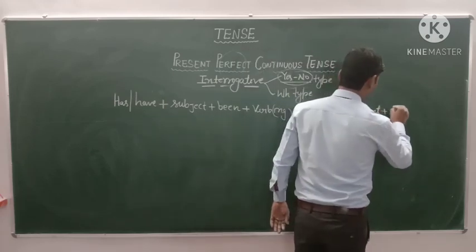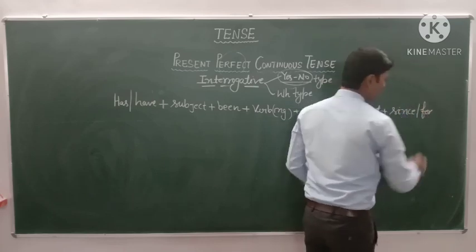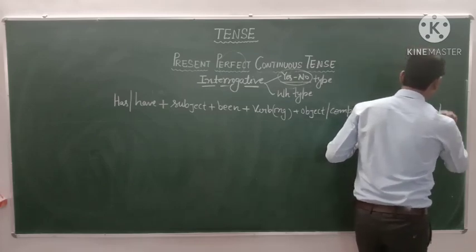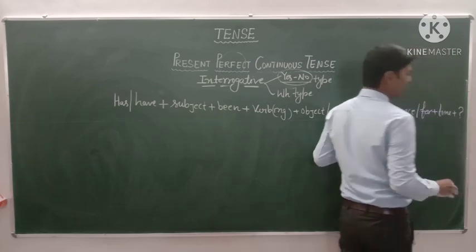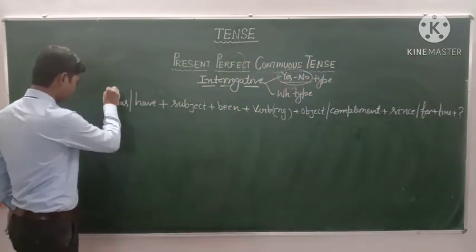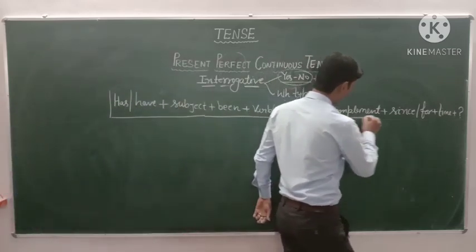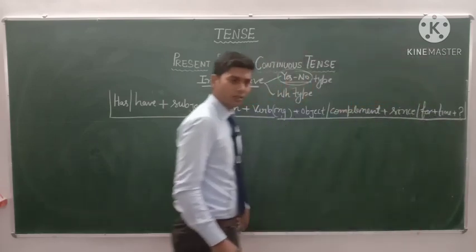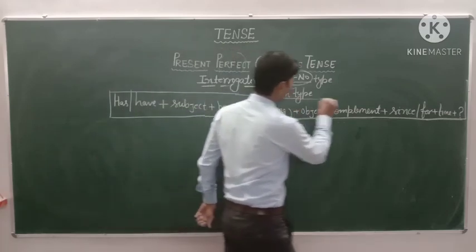After that, since or for. After that, there should be time, and then there should be an interrogative mark. Here we are talking about yes-no type interrogative sentences of present perfect continuous tense, right?